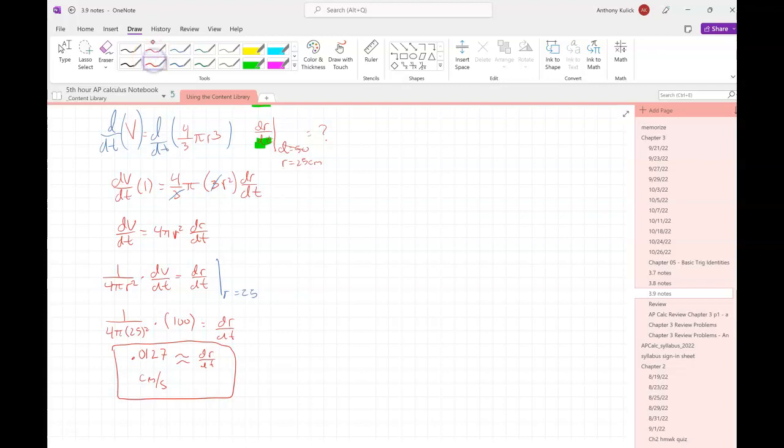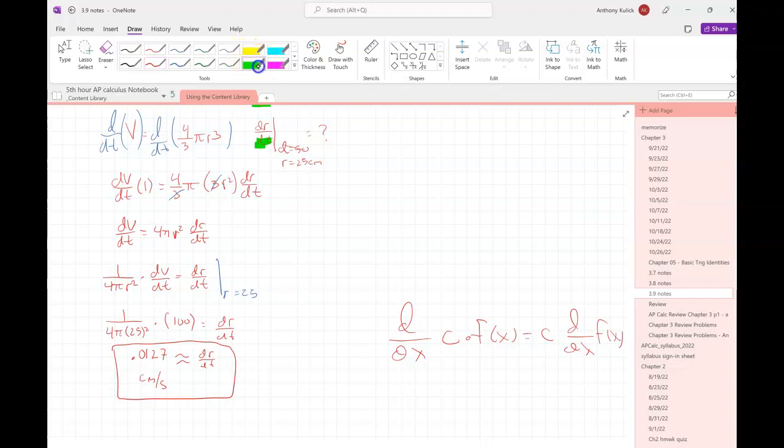So if I have d/dx of a constant times my function, I can just pull the constant out and do the derivative of the function. So that's what I did there: I pulled off the 4/3 pi and then just took the derivative of r cubed. Is that okay?